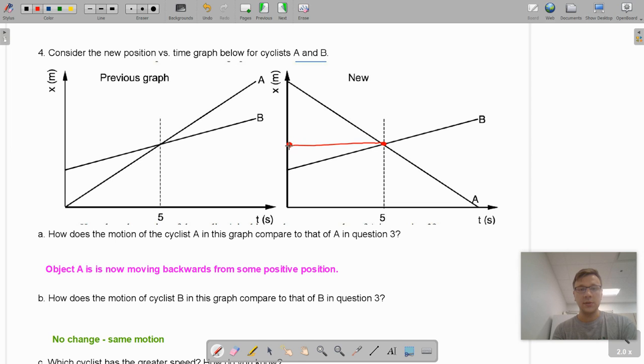Now look at the space. Look how much distance B moved. This is what B moved right here, okay? And then this up here is the amount of distance that A moved, right? So obviously A has moved further than B here, okay?